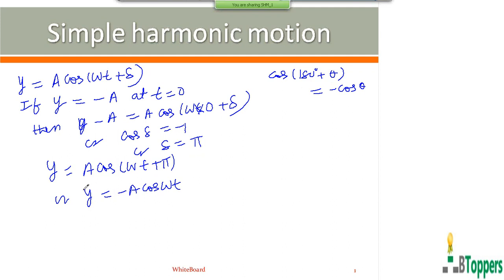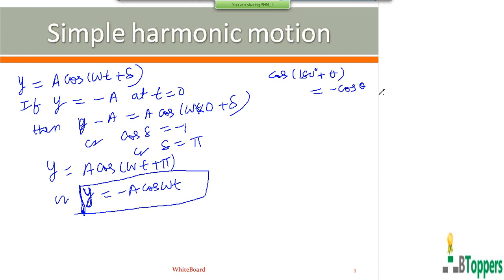That means if the particle performing simple harmonic motion is initially at the negative extreme position, then the equation for displacement y from mean position at time t is given by y equal to minus a cos omega t.